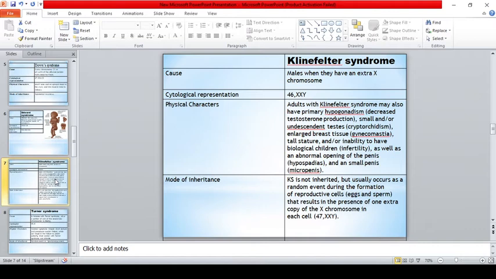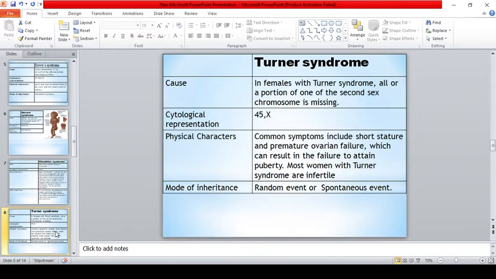The mode of inheritance of Klinefelter syndrome is that it is not inherited, but it usually occurs as a random event during the formation of reproductive cells. That results in the presence of an extra copy of an X chromosome in each cell, that is, the cytological representation 47XXY. Thank you, children.